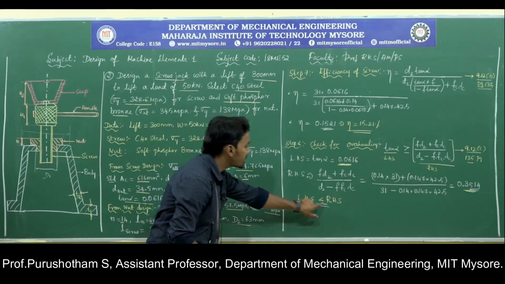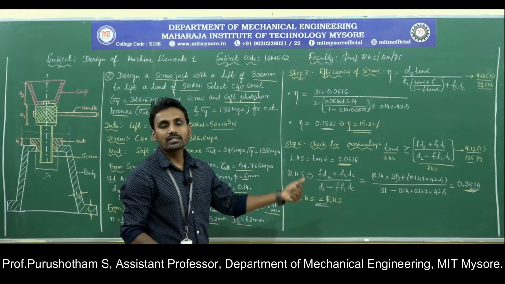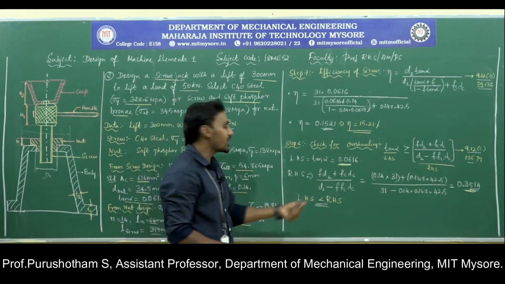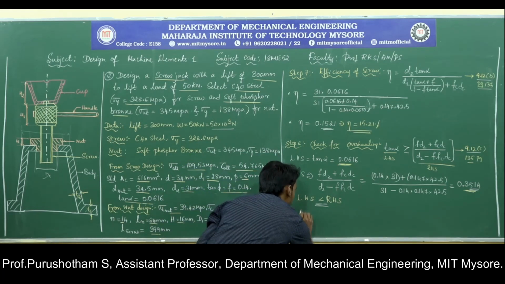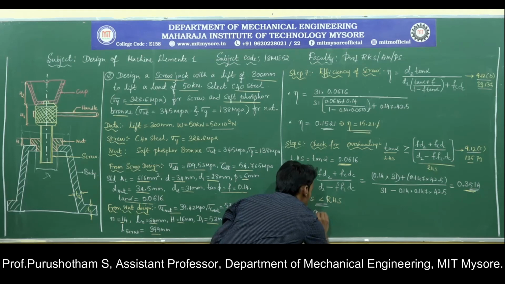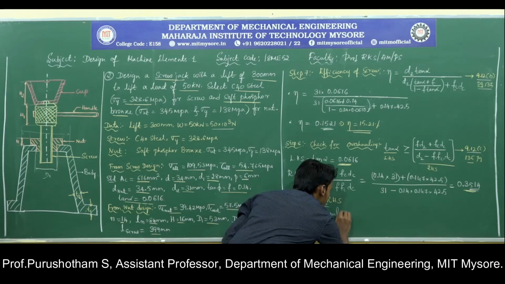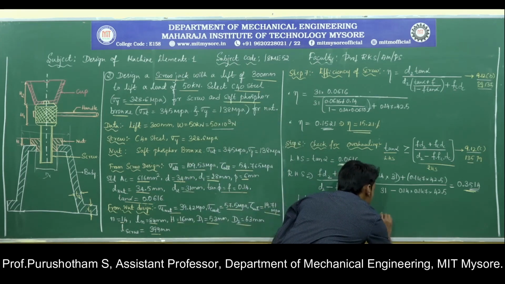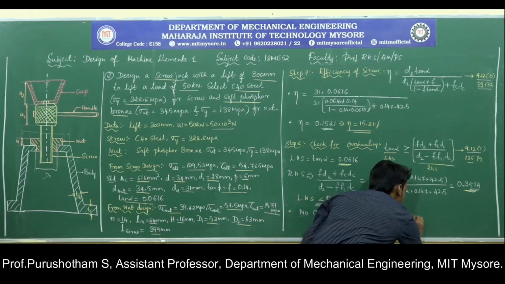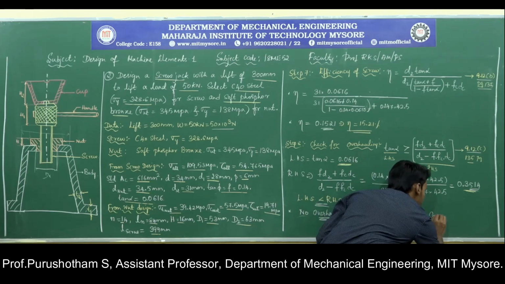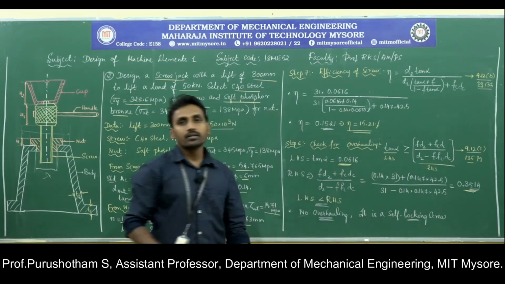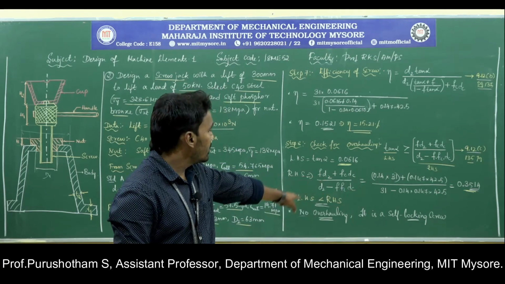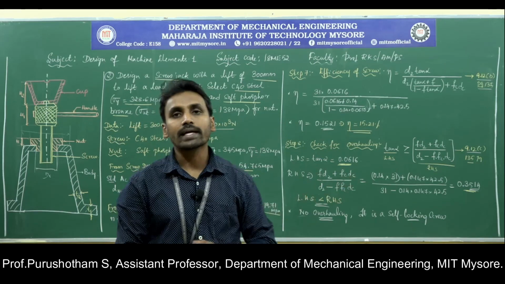But we got LHS less than RHS, which means the screw doesn't overhaul and has the self-locking property. No overhauling occurs in the screw, so we can conclude that it is a self-locking screw, and the load doesn't descend on its own.